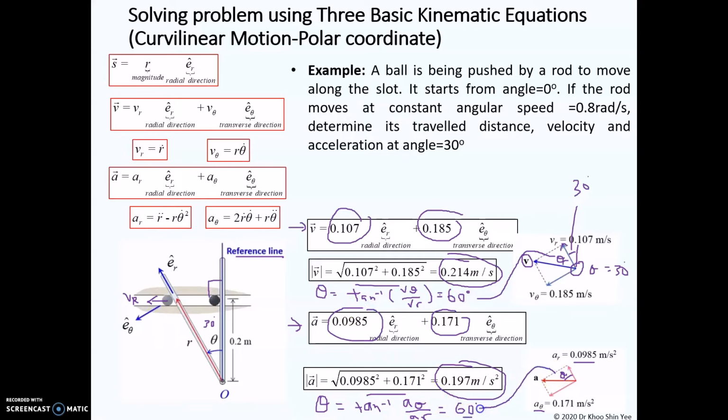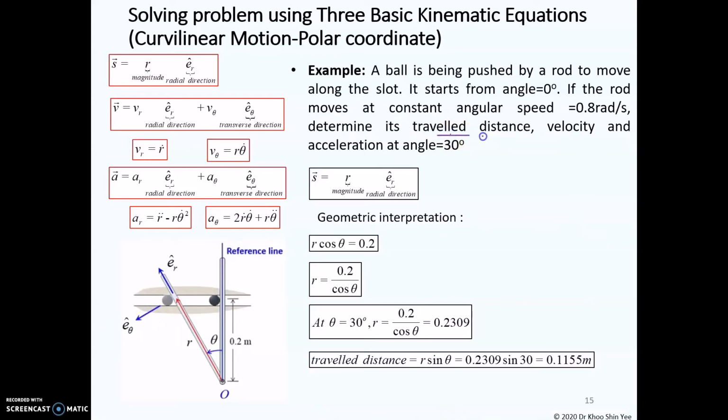So this angle is 60 degrees. So same as the previous problem, we have 30 degrees away from the reference line here. Therefore over here is 30. So the resultant acceleration is acting at 60 degrees plus 30, which is 90 degrees. So you see in this case, we have the resultant acceleration acting in the same direction as the resultant velocity.